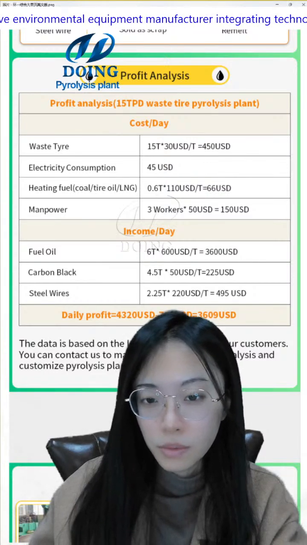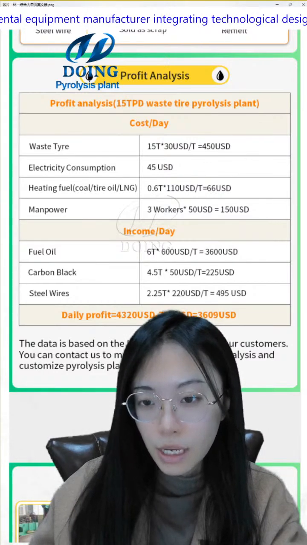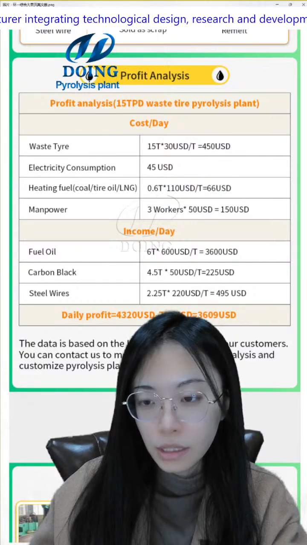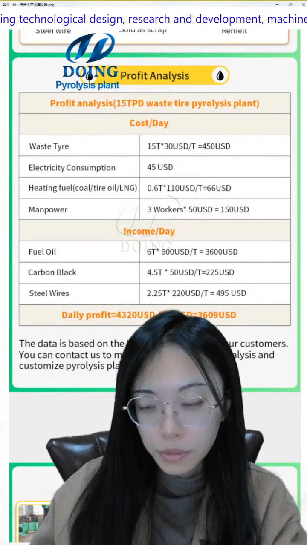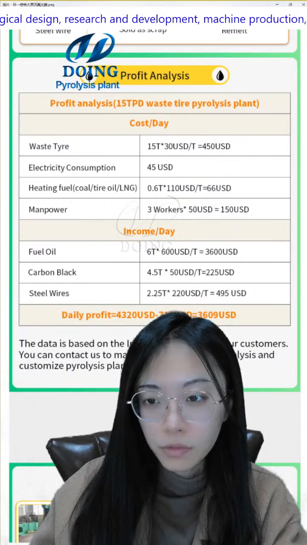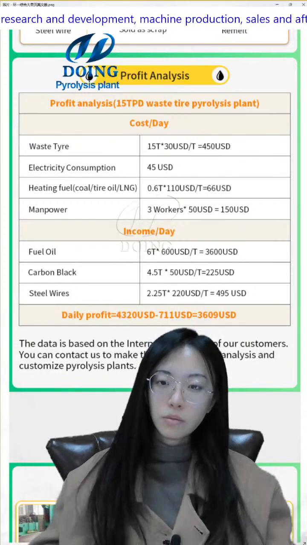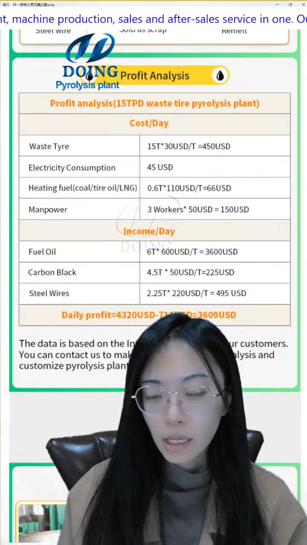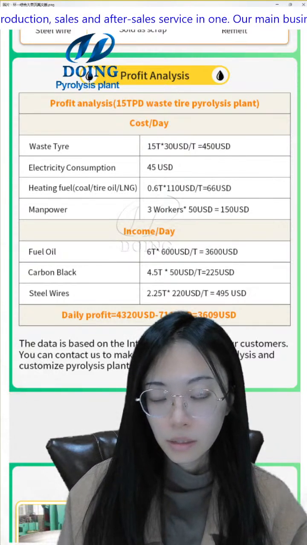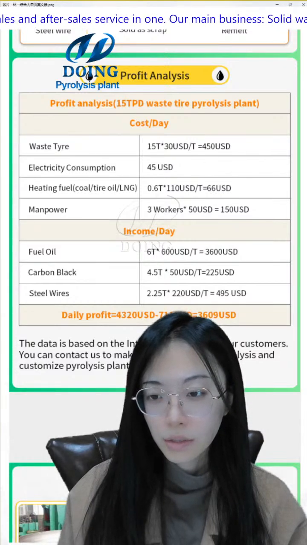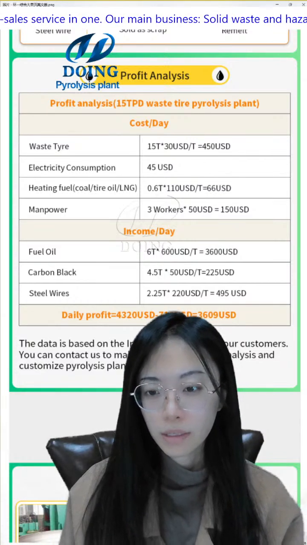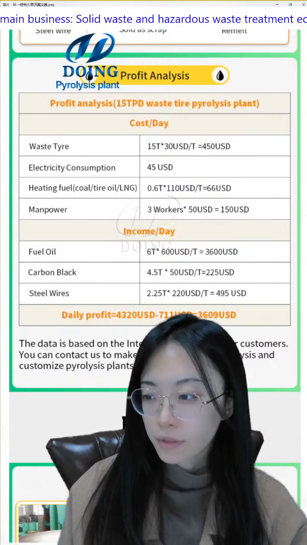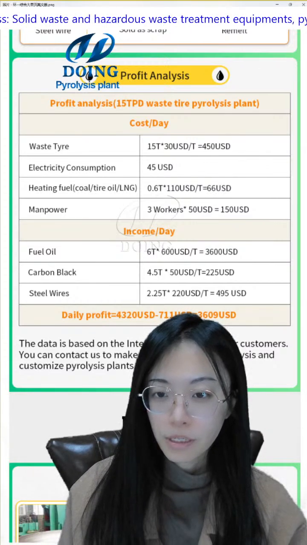The costs we have are the waste tire, electricity consumption, heating fuel and manpower for the 15 tons per day of waste tire, and the income is from selling our products, fuel oil, carbon black, and steel wire. And this is the daily profit. Just for reference, you can have a look.